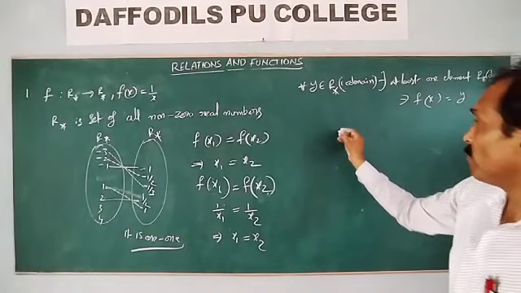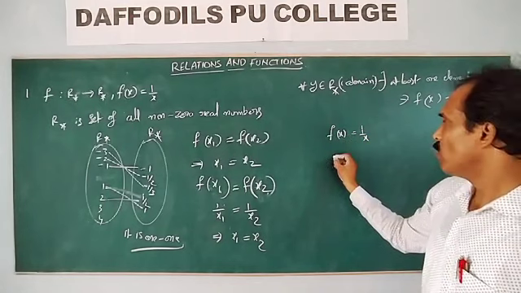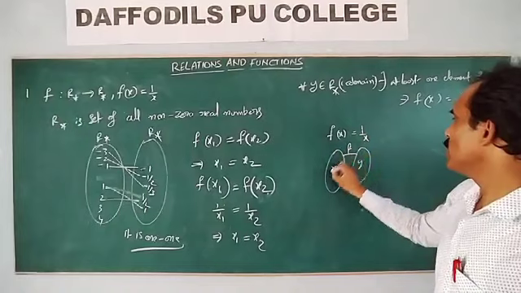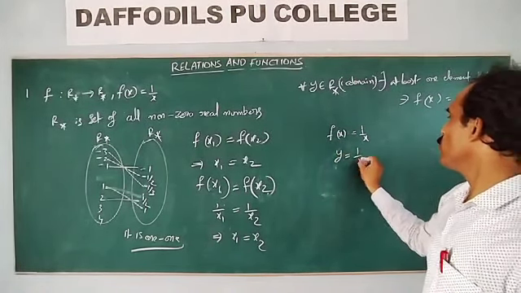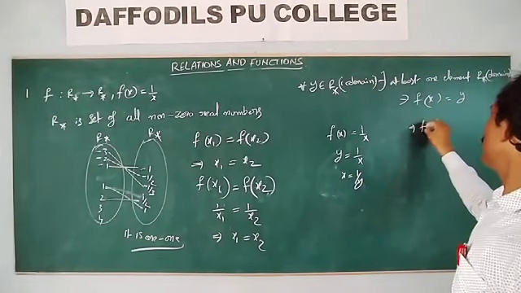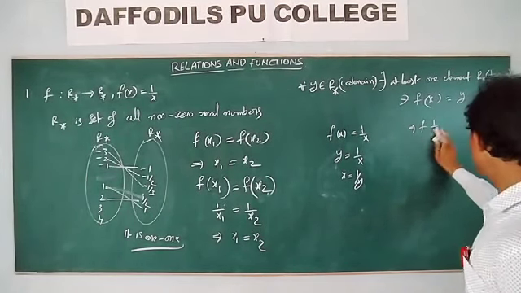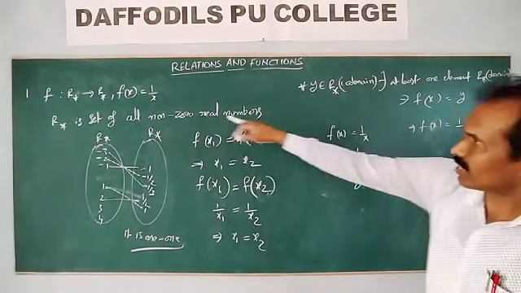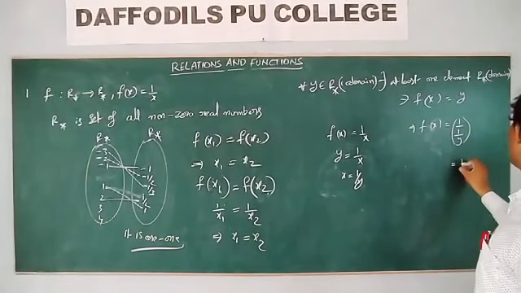We'll show that. f of x is the given function, f of x is equal to 1 by x. Suppose this is x, this is y. Under f, f of x is equal to y. Therefore, in place of f of x, take 1 by x, so x is equal to 1 by y. So f of 1 by y is equal to y.